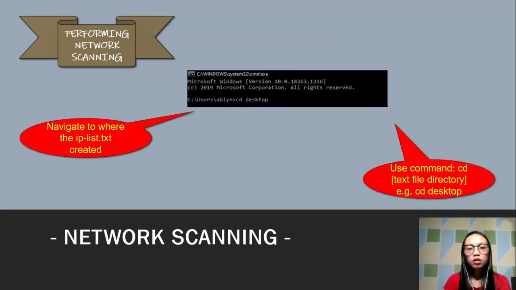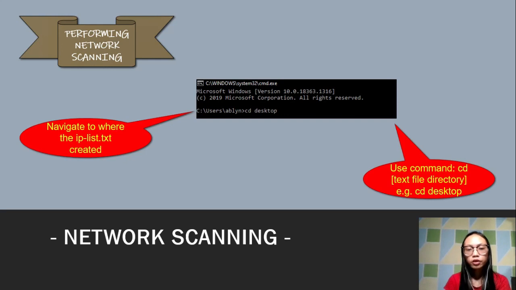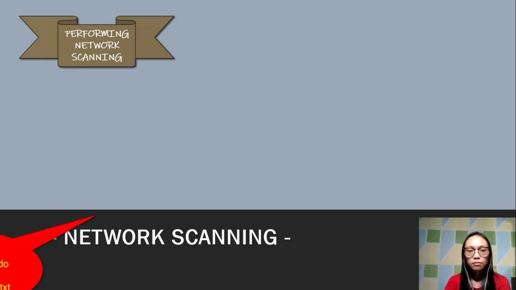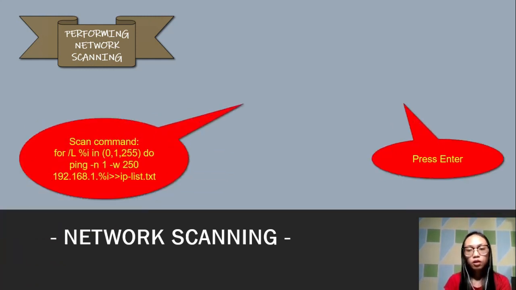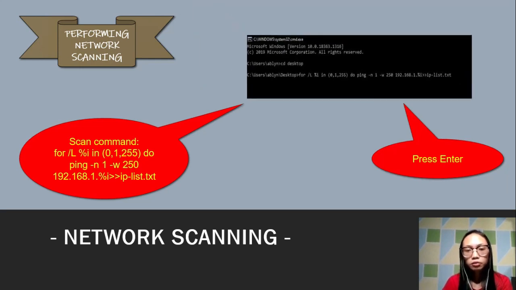Then you have to navigate to where the IP list text file was created. Use the command CD, for example, CD desktop. After that, you need to use the scan command.